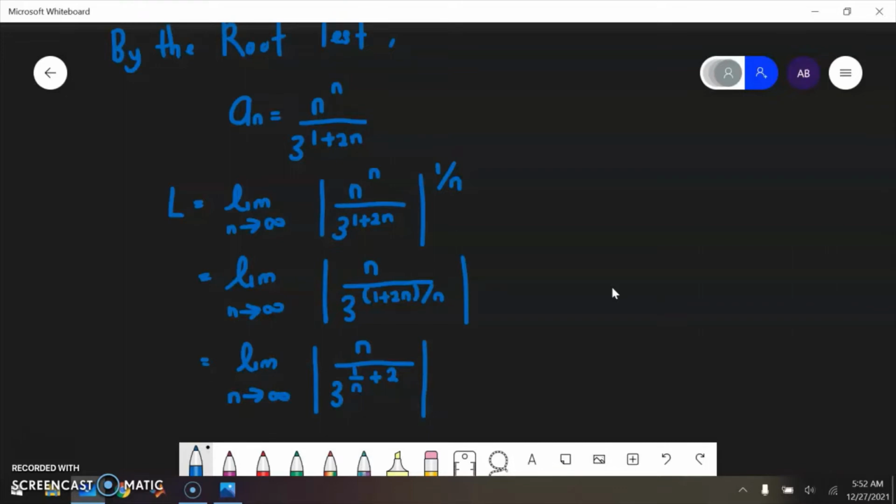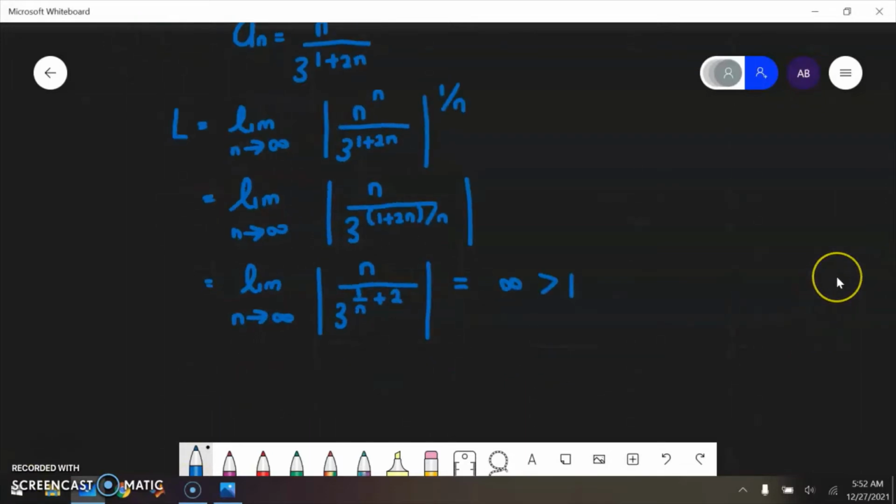Now look at the series here. We have n at the numerator. So when n approaches infinity, you have infinity over a constant. So this term gives you infinity, which is greater than 1.